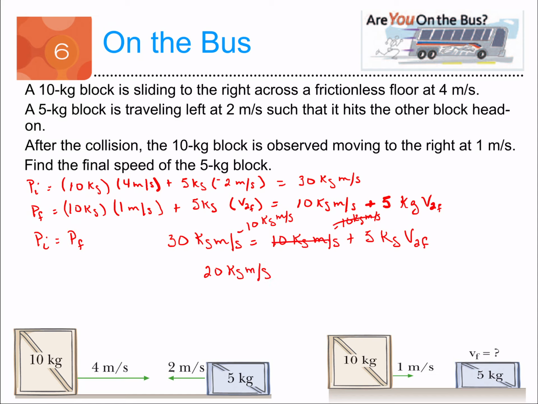Then we're going to divide both sides by 5 kilograms. That's going to cancel. So then V2F is going to equal 20 kilogram meters per second over 5 kilograms, which gives us a value of 4 meters per second.